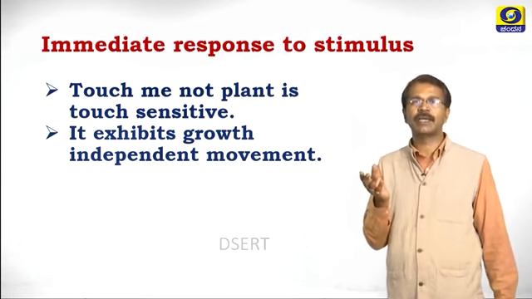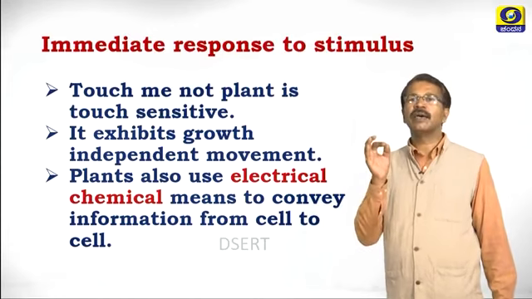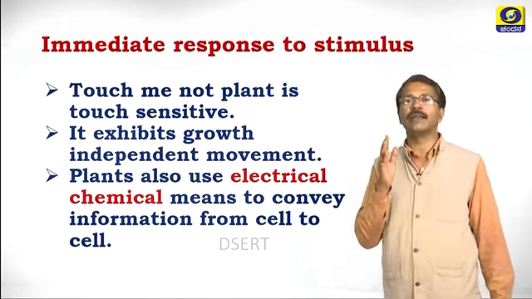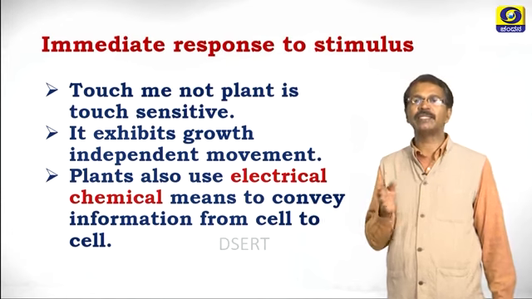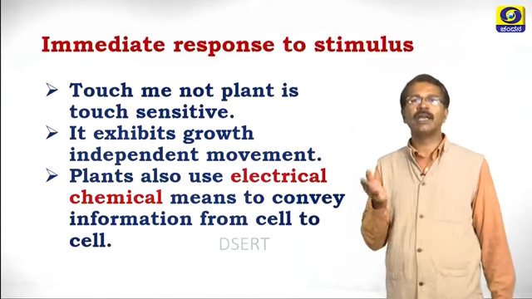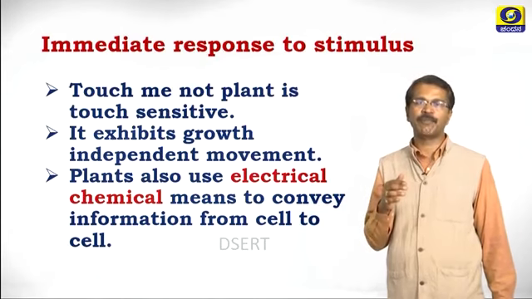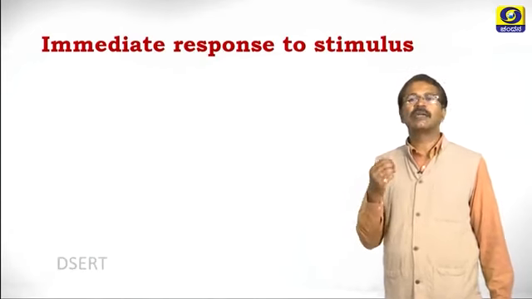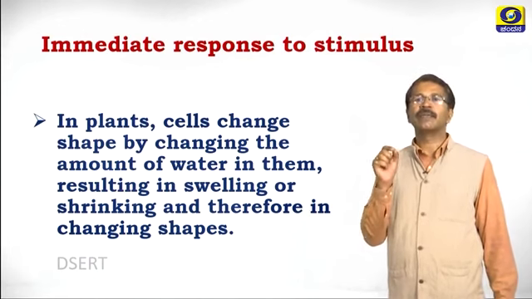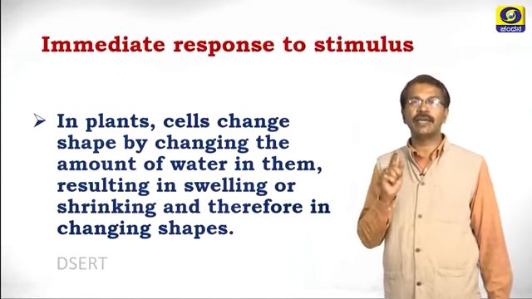opening of leaflets occurs. That is because of electrical and chemical messages which are transferred from cell to cell. That means even in plants, information is conveyed from one cell to another by means of electrical messengers and chemical messengers. When it comes to the touch-me-not plant, how does this closing and opening of leaflets actually occur? Here the cells change shape by changing the amount of water in them.